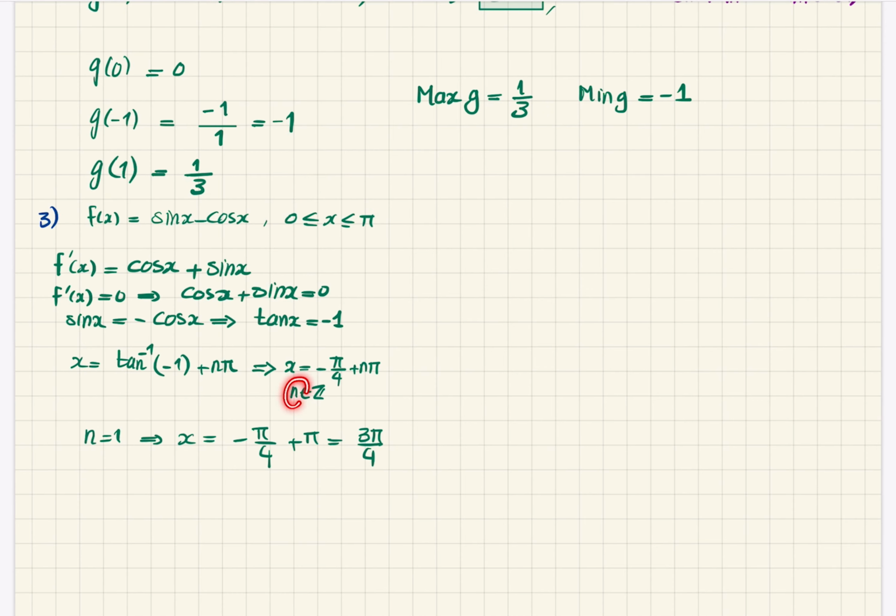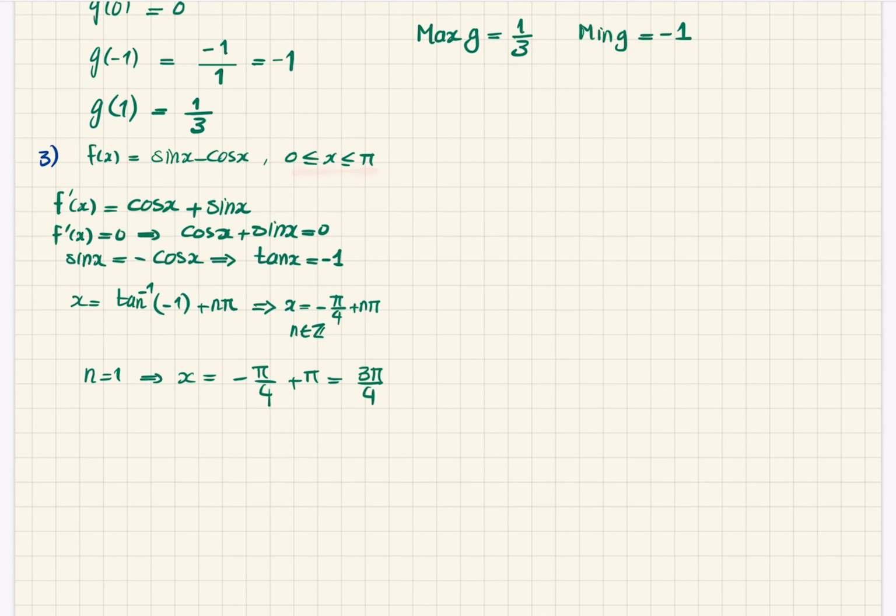But if I go higher and put n equal to 2, it becomes 2 pi minus pi over 4, which is beyond this interval. So from all these infinitely many points, only one single point is in my interval. So let me just write it down. So the only acceptable solution is 3 pi over 4.